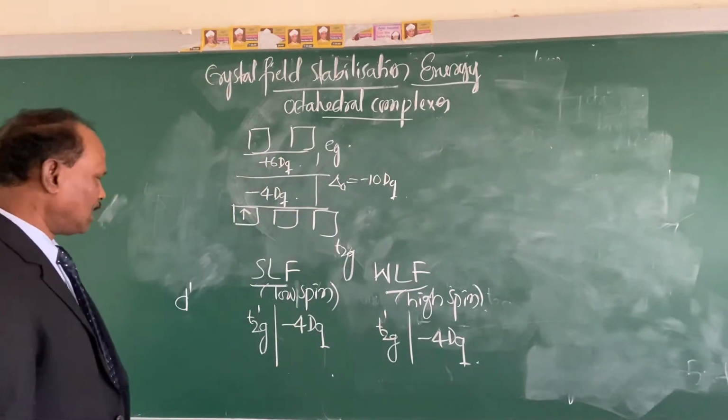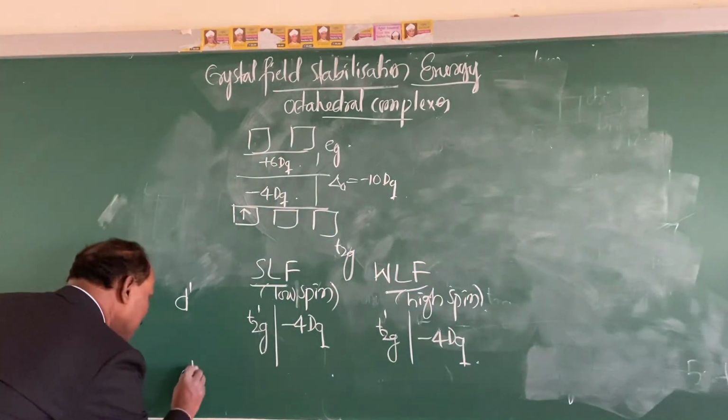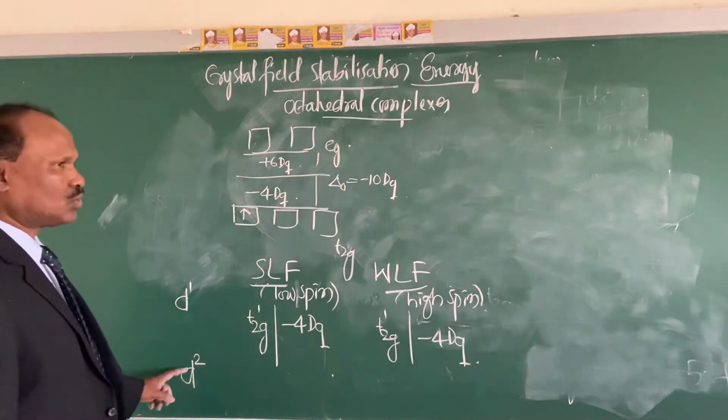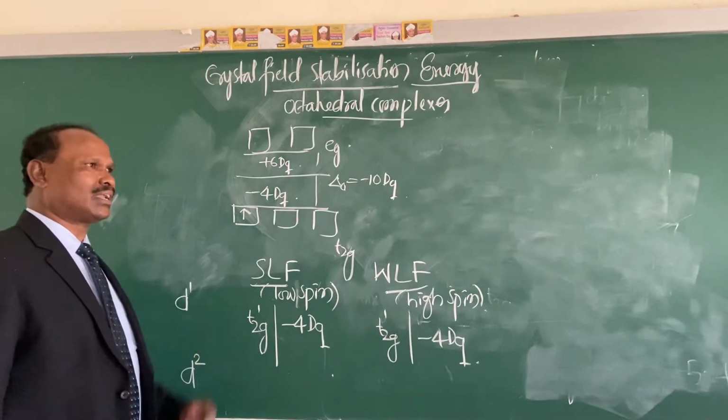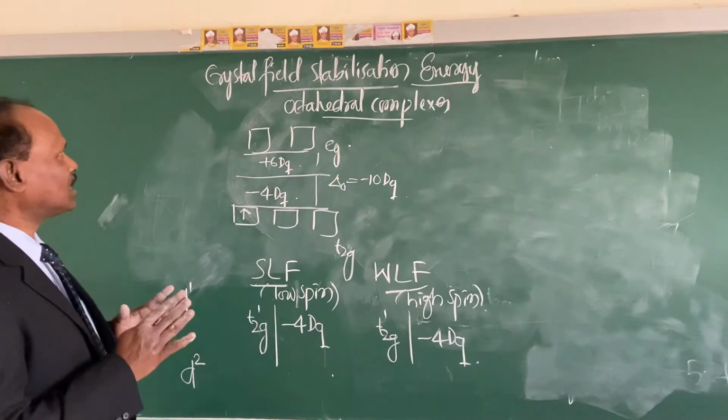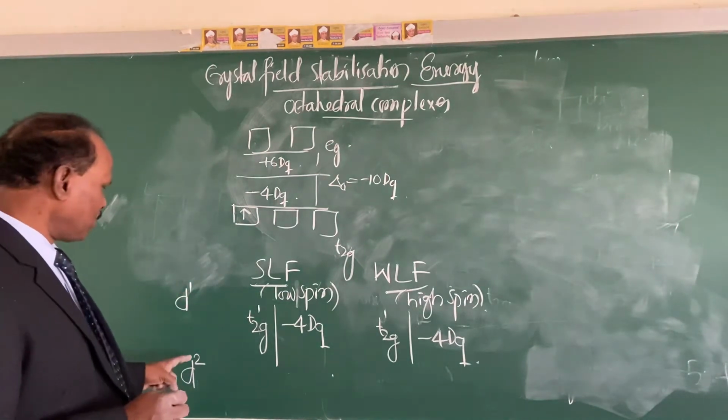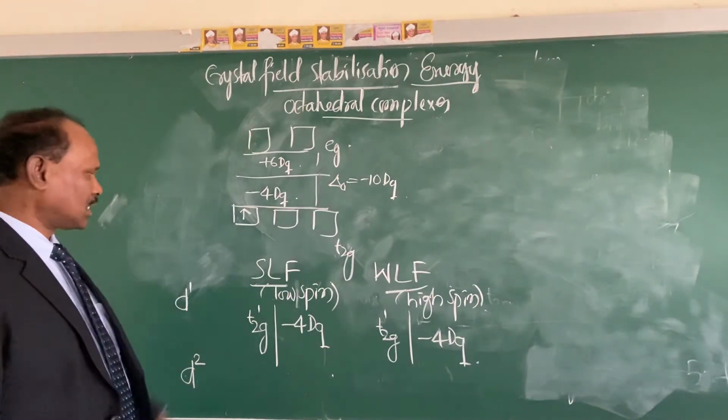Is it okay? Now let us calculate for a system having 2 electrons in the d orbital. Calculate the crystal field stabilization energy for a d2 system in octahedral complex.